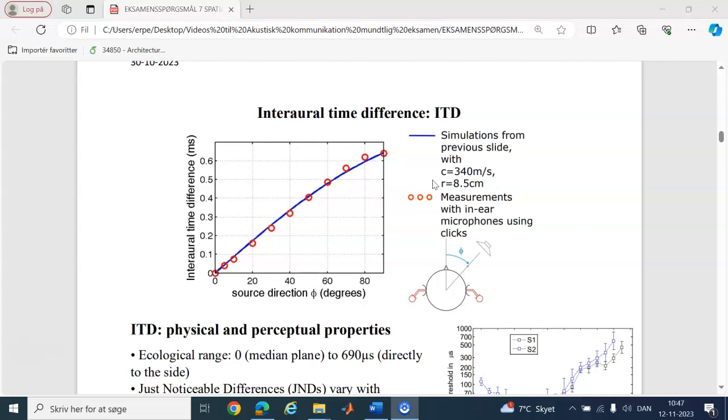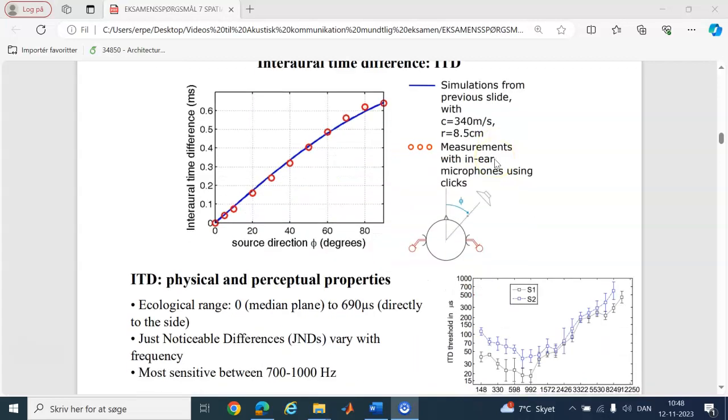If the source is in front of you, there is no interaural time difference, and if it is at 90 degrees, the sound will arrive at one ear before the other ear, with 690 microseconds between. I was a little bit confused about the median plane, but okay.